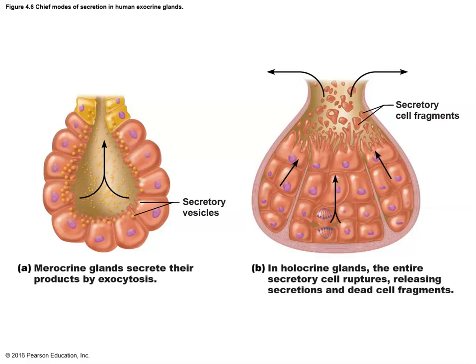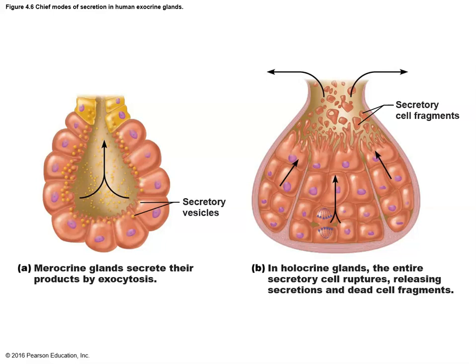Exocrine glands dump their product onto the surface of the epithelium that they're associated with, or into a body cavity, but not necessarily out into bodily fluids, which means that their actions probably would be a little bit more localized than would be the endocrine gland dumping things into the blood, which would go everywhere.